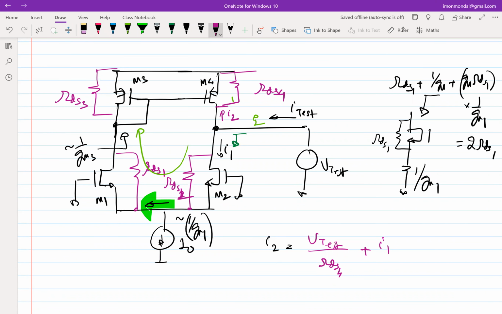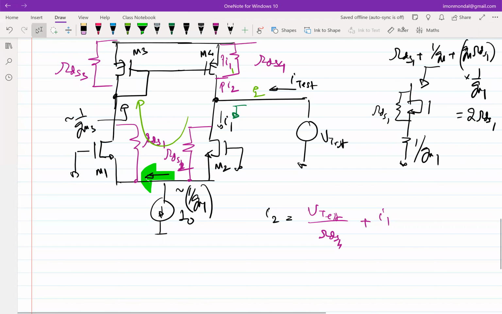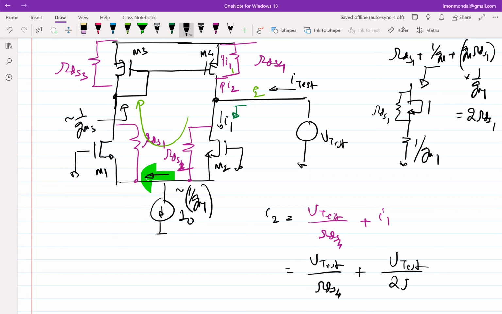Correct? So this is I1. And what is I1? I1 is the one that we figured out moments back, right? V test by two RDS.